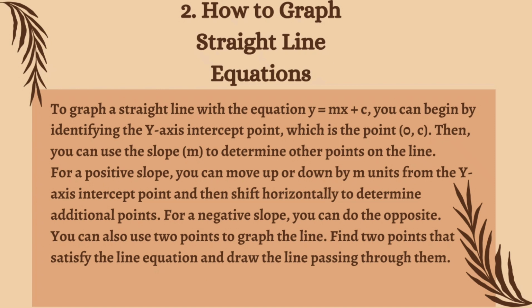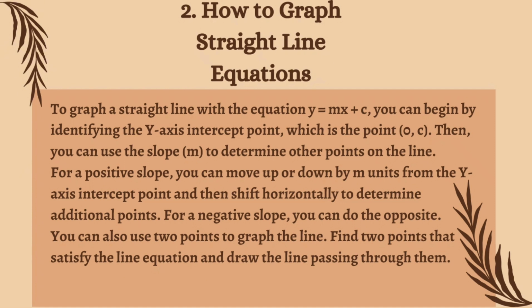2. How to graph a straight line equation. To graph a straight line with the equation y = mx + c, you can begin by identifying the y-axis intercept point, which is the point (0, c).